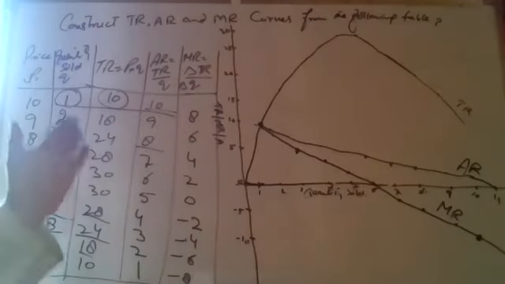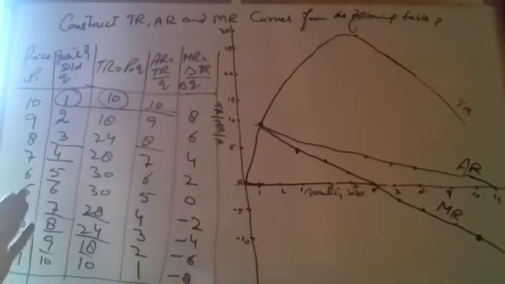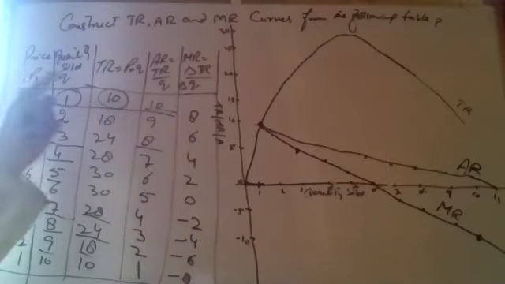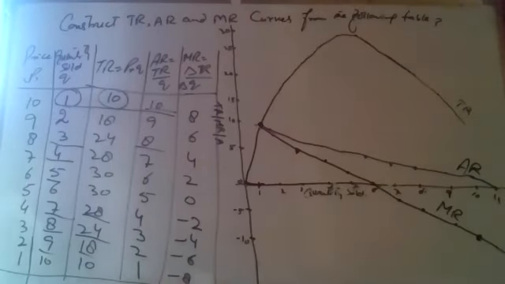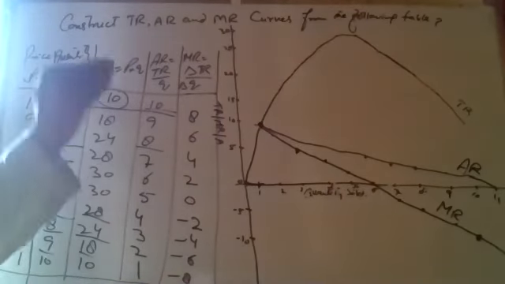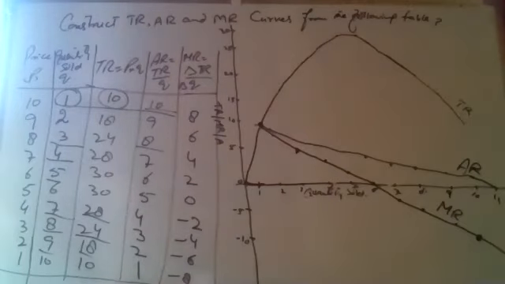So this is simply what I am going to tell you here, how to construct the revenue curves, total revenue, average revenue, and marginal revenue curves from the relationship between total revenue and output, average revenue and output, and marginal revenue and output sold. So how total revenue changes when output sold changes, when sales change, how average revenue changes when output sold changes.